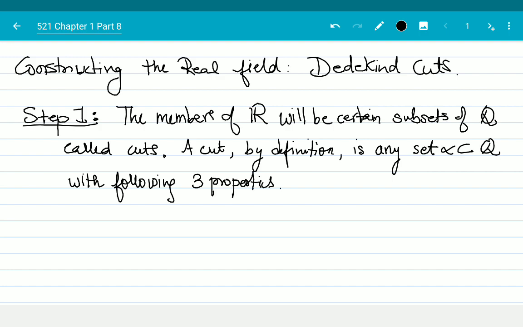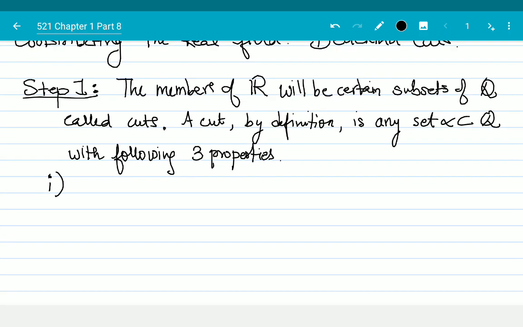Now, I am not going to go into full details regarding this. I will cover the important proofs, but I will leave some of these things for you. So what are the three important properties?